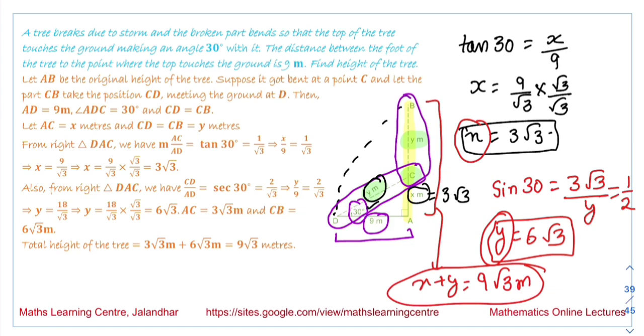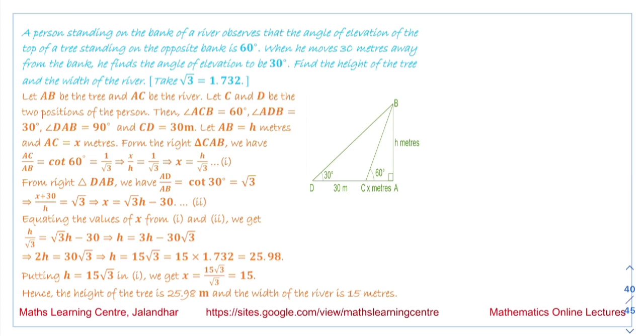Next is, a person standing on the bank of a river observes that the angle of elevation of the top of a tree standing on the opposite bank is 60 degree. So we are saying, suppose this AC is the river and the breadth of this river we are saying it is x meters.